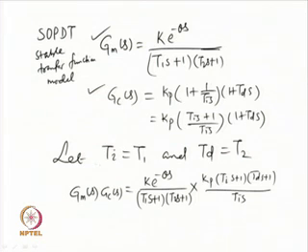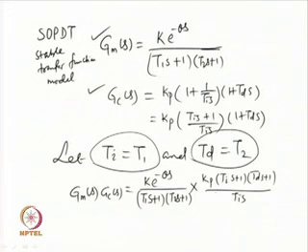Now, as we have assumed Ti is equal to T1 and Td is equal to T2, we will have pole zero cancellations and cancel those poles. Now, Ti is equal to T1, so I can cancel this term with this one.